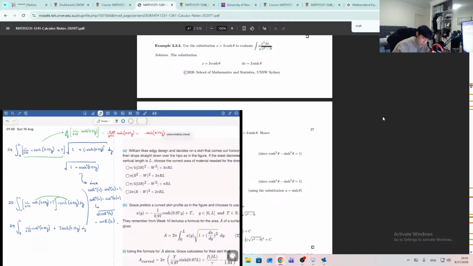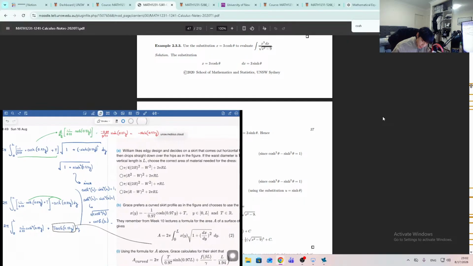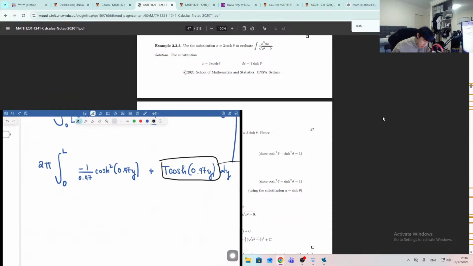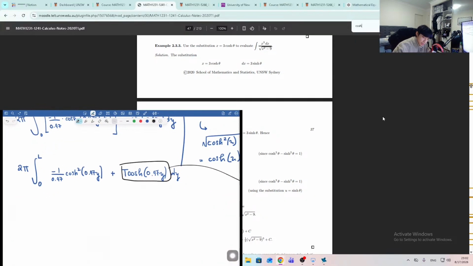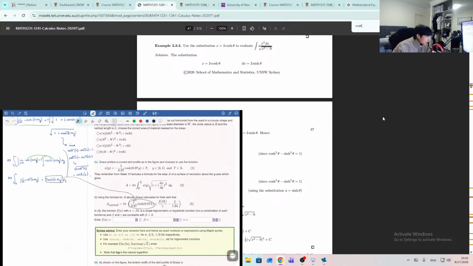This I know immediately connects to this. Then we'll just integrate this. Use u for cosh?